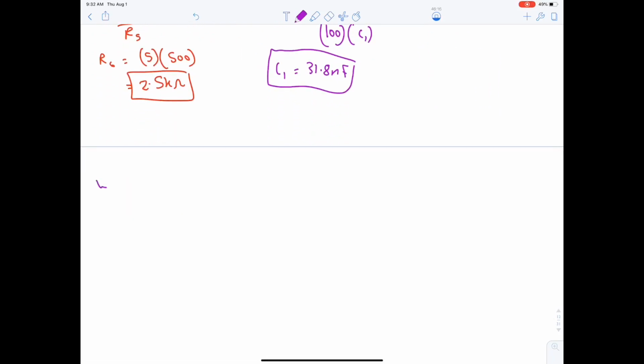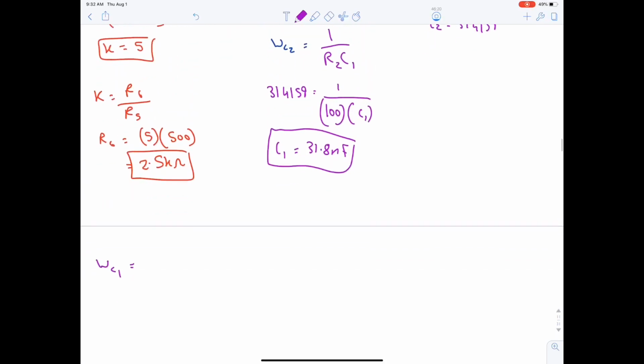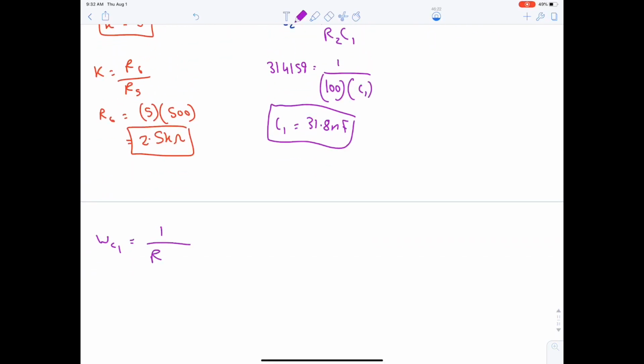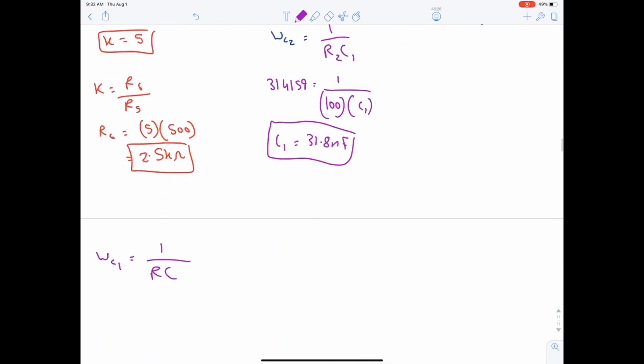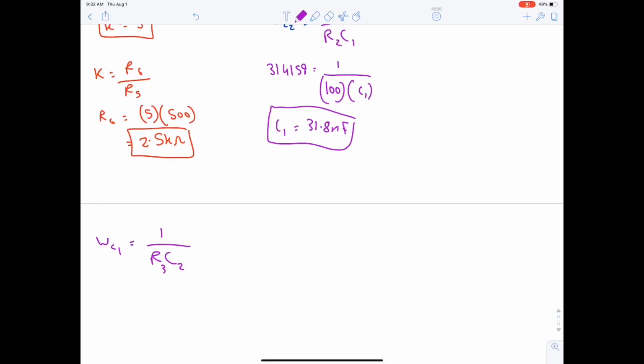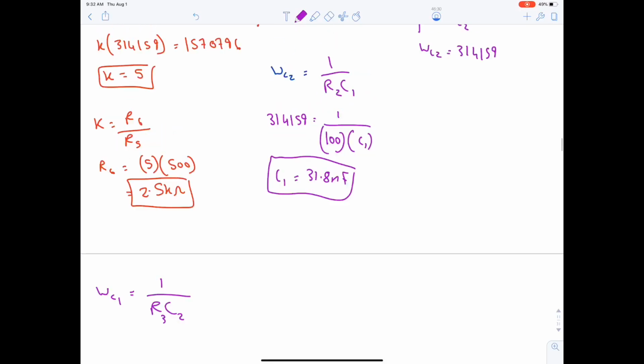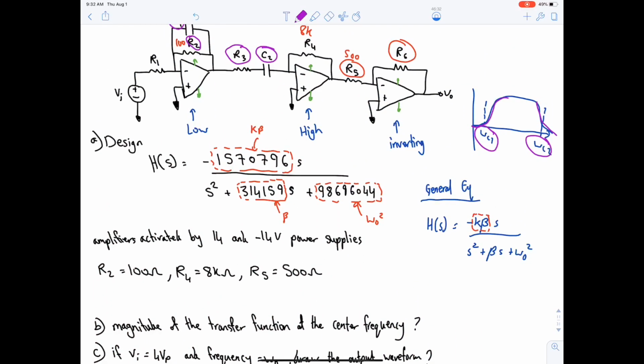Let's go and find C2 from omega C1. Omega C1 is 1 over RC, but which R and which C? It's R3 and C2. Okay, omega C1 is unknown, R3 is unknown, and C2 is unknown. But until now we haven't used omega naught squared.